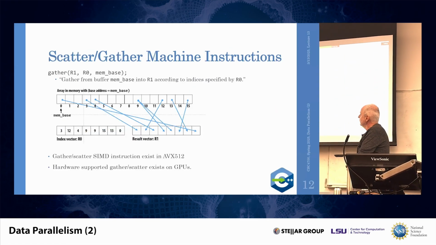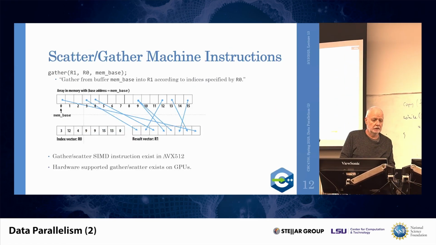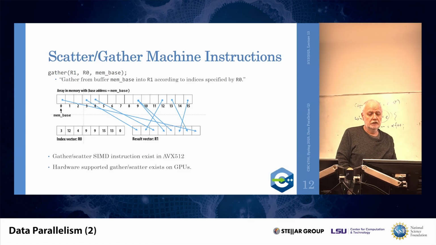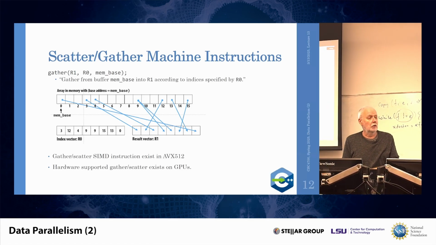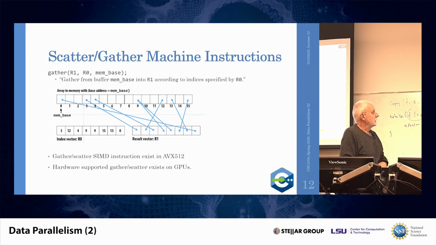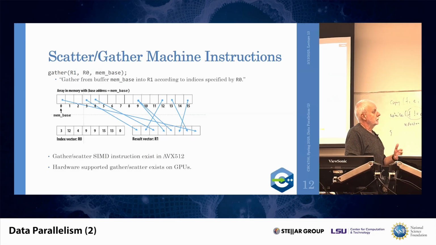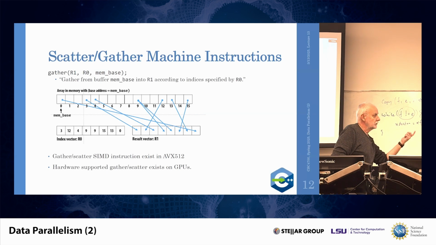Just as a side note, many machines have assembly instructions that allow us to perform scatter and gather operations of up to a certain size with one instruction.